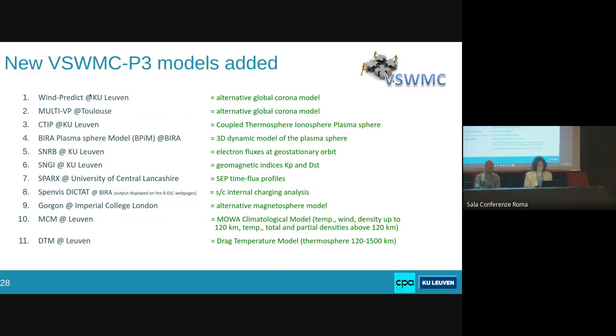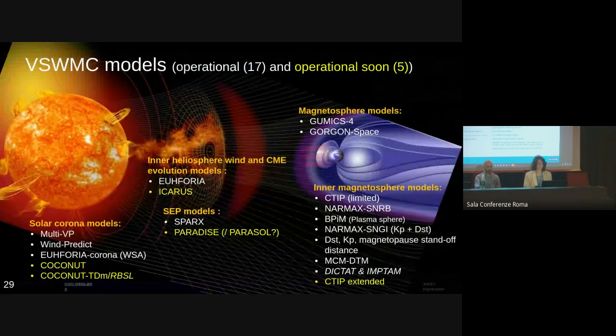On this slide you can also see that all these codes are installed and running at different places. So it integrates the models from where they are running, which makes it more comfortable for the modelers as well, because they can fix bugs more easily, and it is sustainable, since you don't have to install everything everywhere.